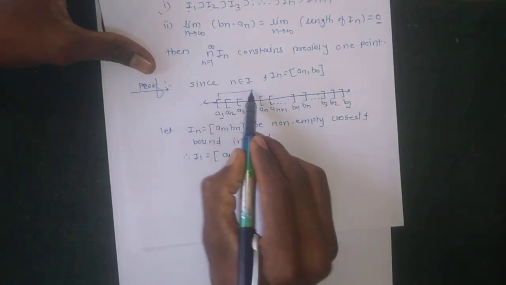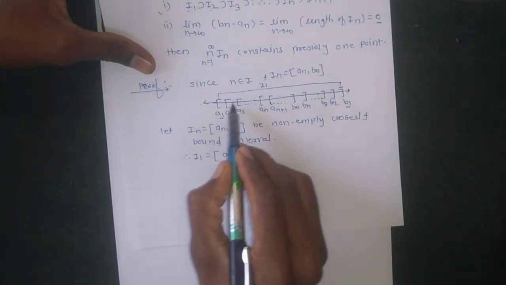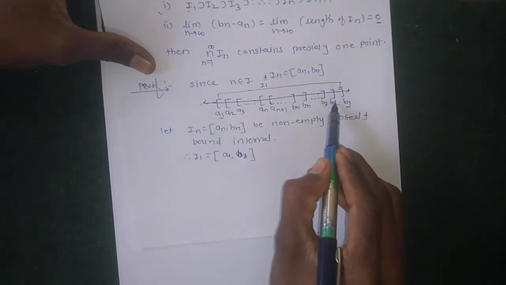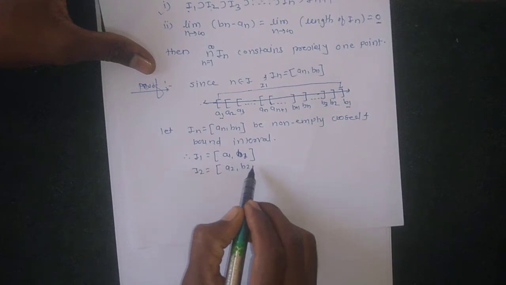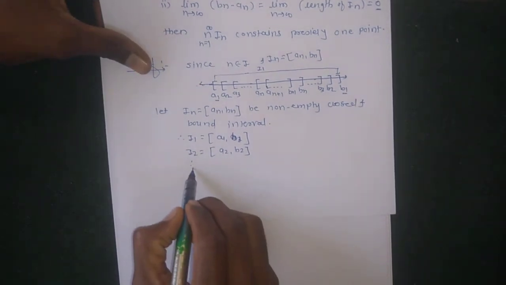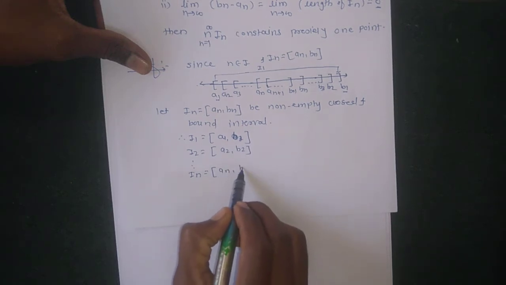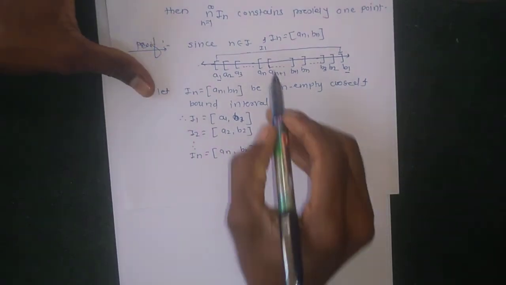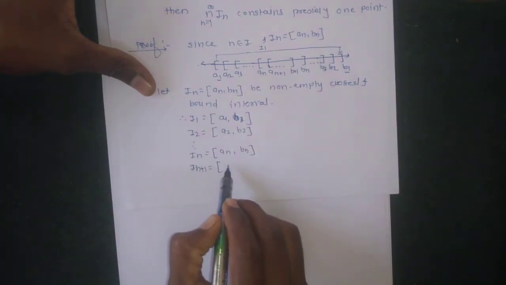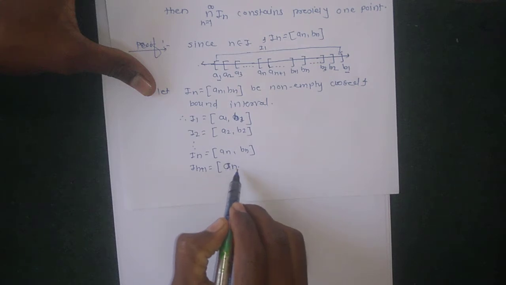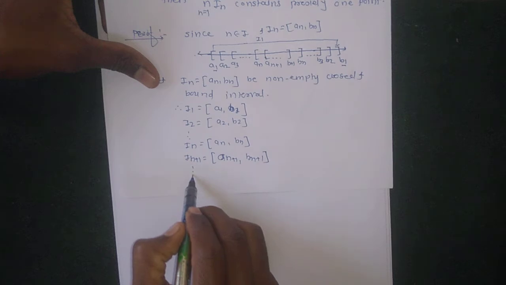For the second, I2 is the interval [a2, b2], and in this way up to In equal to [an, bn], and then we take the interval [an+1, bn+1] and so on.